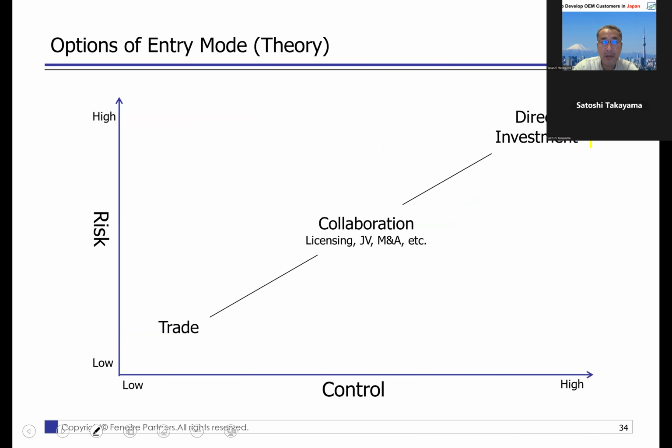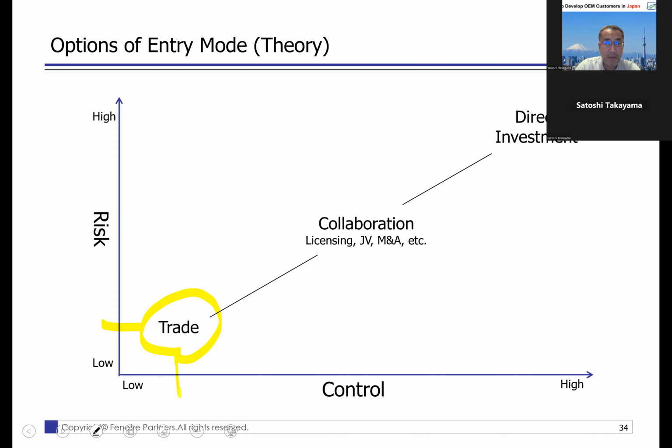So this is a framework to compare different entry modes. As far as I know, everybody loves trade. You just find a local distributor and semi-automatically your products are sold through the distributor. So risk is low. However, control is also low because they work for their own interests.